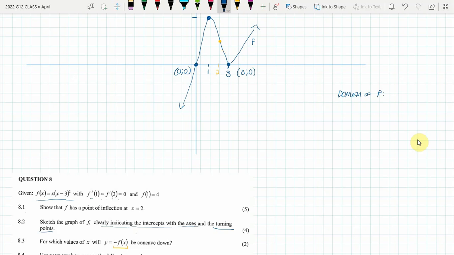For which values of x is F defined? Is there anywhere? Yes, 0 and 3.